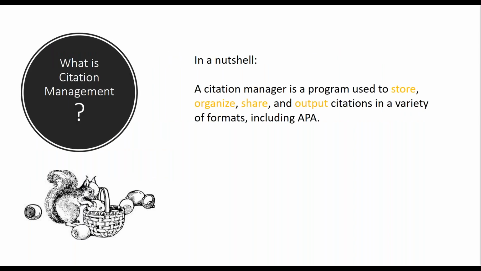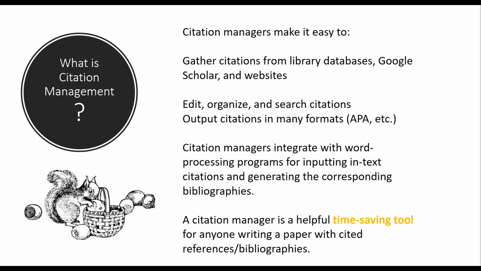Okay, so what is citation management? In a nutshell, it's a program that is used to store, organize, share, and output citations in a variety of formats, including APA. Citation managers make it easy to gather citations from library databases and Google Scholar websites.